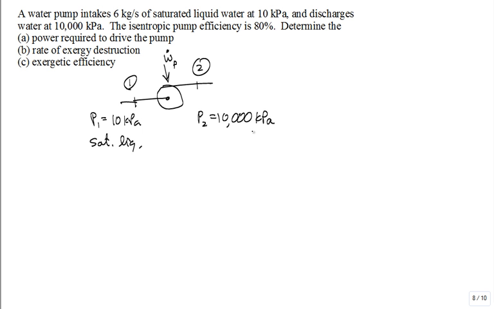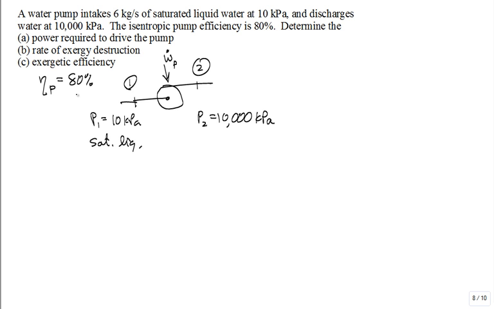Right? Okay. They also give me the isentropic efficiency of that pump. Let's put it over here. The isentropic efficiency is 80%. Determine the power required to drive the pump for part A. What are we asked to solve for?